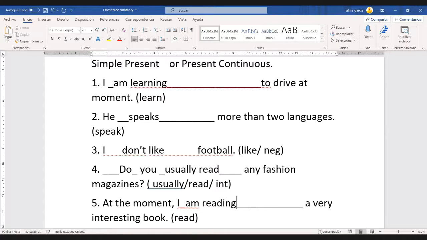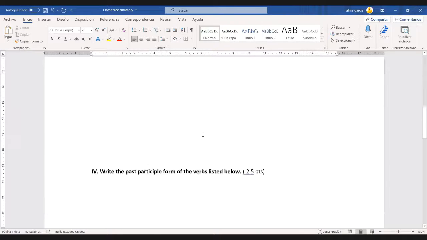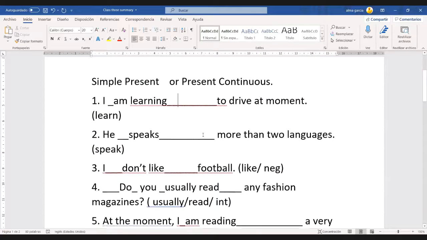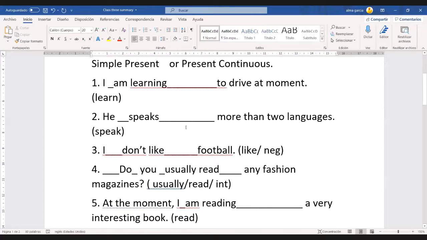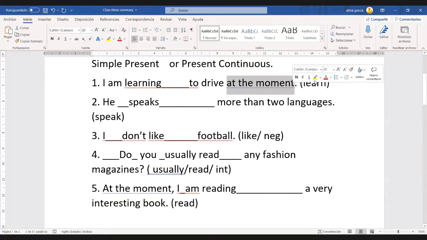Well, okay, so you see, in this exercise, this is exactly what we are doing. Simple present or present continuous. Remember that here, sometimes we may have certain expressions that could be good indicators that we are using one tense or the other. For example, if we say at the moment, this is exclusively present continuous.